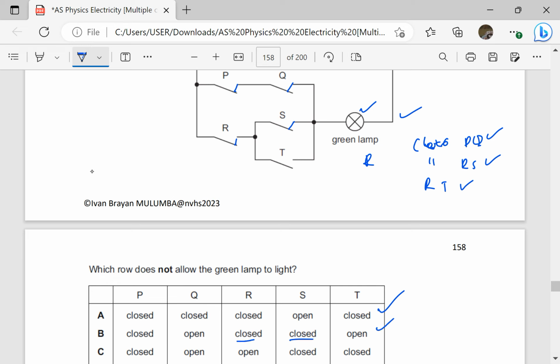It will light. P is closed, Q is open, R is open. As long as there is an open switch above and below, it will not light.